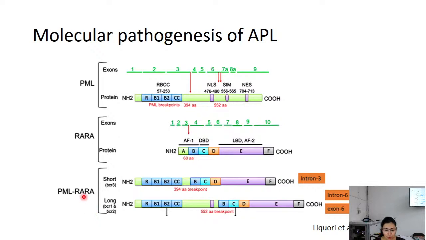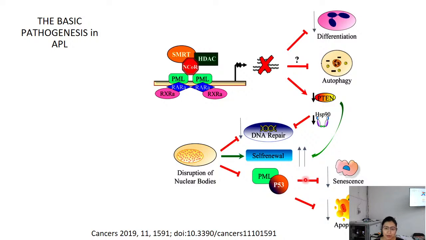There are 3 breakpoints that can happen in PML: BCR1 in intron 6, BCR2 in exon 6, and a short isoform called BCR3, which occurs due to a break in intron 3 of the PML gene. It is important to know these isoforms because they correlate with the TLC at presentation, and as we'll see, the increased TLC plays a role in complicating matters.